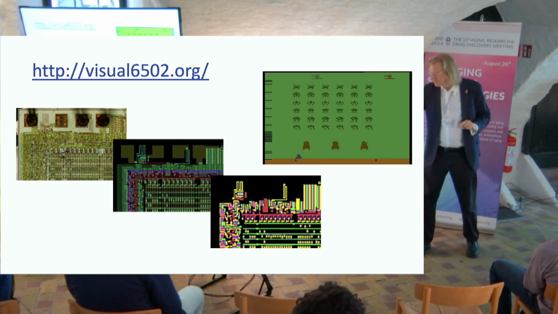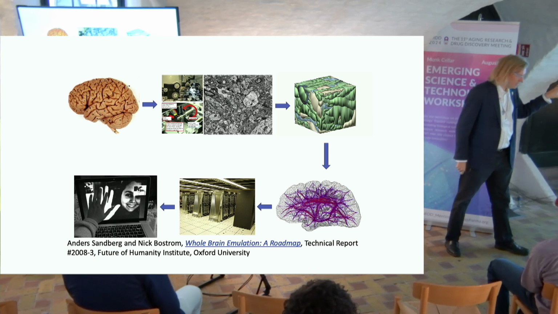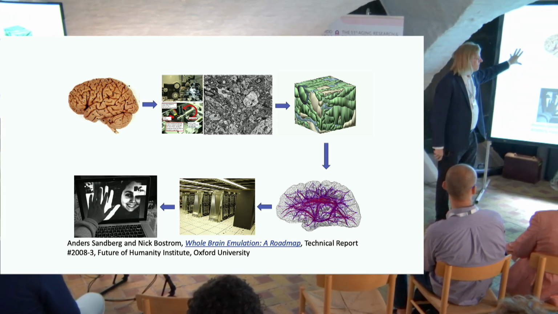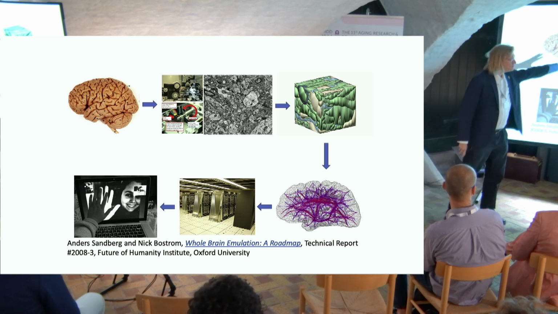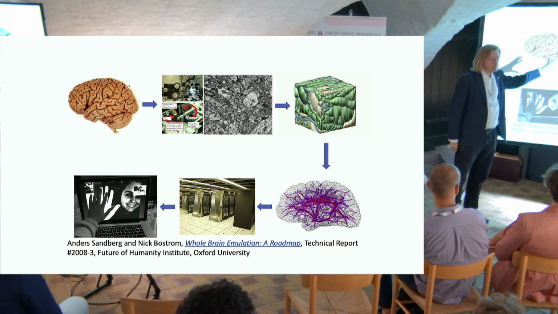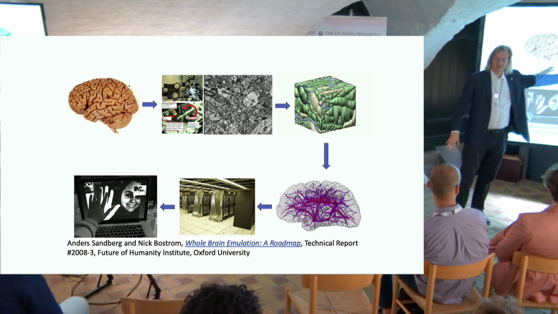Now, we might imagine doing the same thing for a brain. This is basically the idea with brain emulation. You start out with an actual biological brain, and then this is, of course, where you can start arguing about which methodology might be used. But one possibility might be you freeze it or fix it, and then you start slicing it up and image it using electron microscopy.